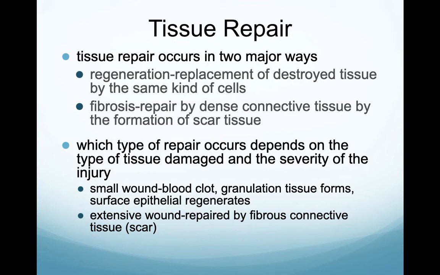This is where I end up with scar tissue because I've got dense connective tissue covering it very quickly. So if you have a small wound, like a paper cut, you're going to have cells that can regenerate pretty easily. Versus if you have an extensive or a larger wound, you'll end up with fibrous connective tissue because it's like, let's close it up really fast, not even worried about what it looks like, and that's why you end up with a scar.